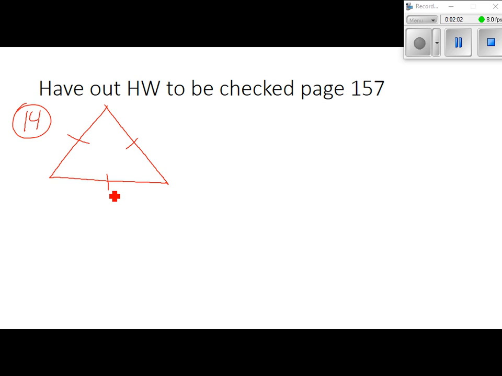Let's try another one, see if I can draw another triangle that's... Angles all look the same in that one? That wasn't drawn as well, was it? Looks like what?